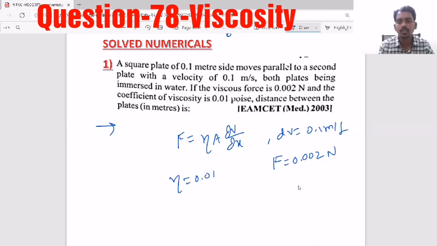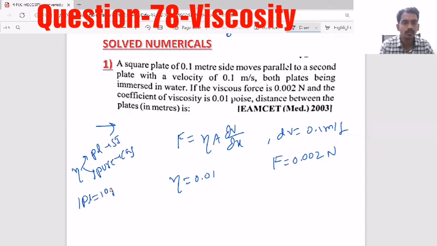See, the actual unit is decapoise, and poise is the CGS unit. This is the SI unit, this is the CGS unit. And 1 decapoise equals 10 poise. So now 1 poise means it will become 1 by 10 decapoise.